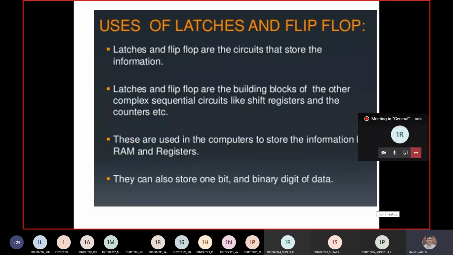Both are the building blocks of sequential circuits such as counters and shift registers, and they are used to store the information present in your RAM and registers. The maximum capacity of latches and flip-flops is 1 bit. That is why they are called 1 bit bistable elements.